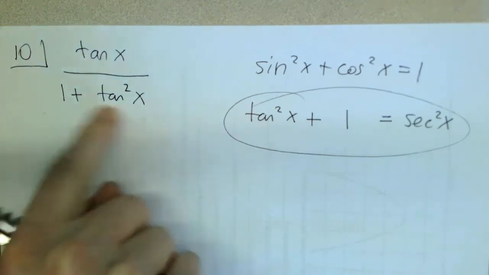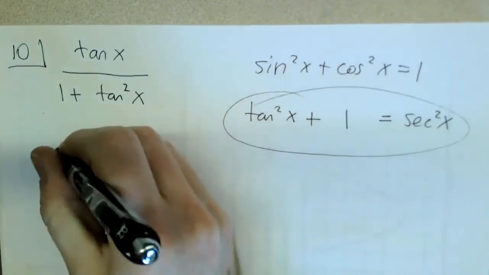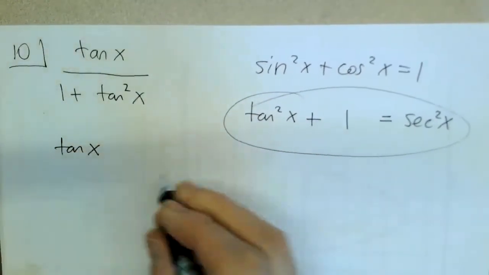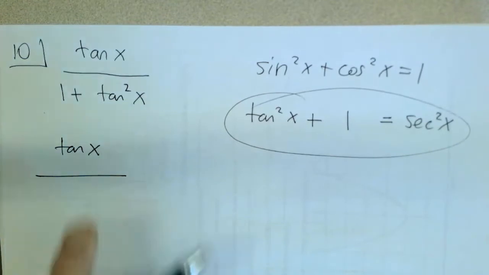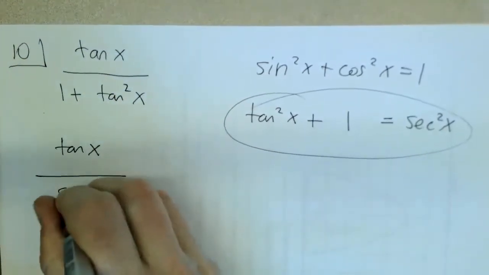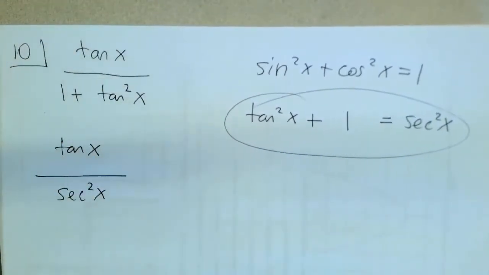Anyway, so this guy in the denominator is secant squared. So I think probably I should just make that change, right? So 1 plus tangent squared, that's really just secant squared. My instinct is that if I convert everything now to sines and cosines and do some keep it, change it, flip it stuff, then some things will cancel and we'll be happy. Well, I don't know if we'll be happy, but we'll solve the problem. Okay.